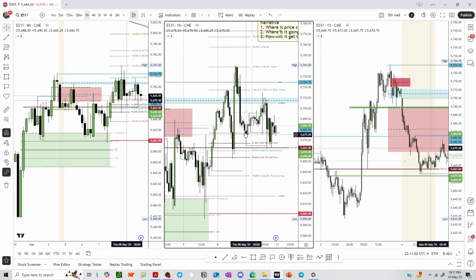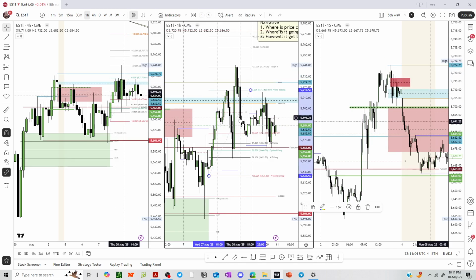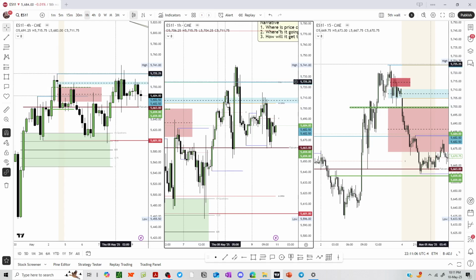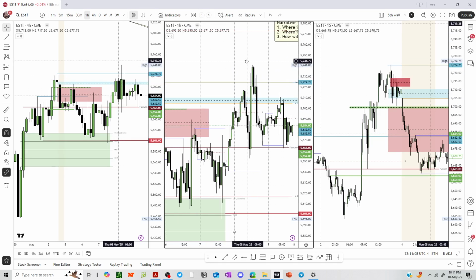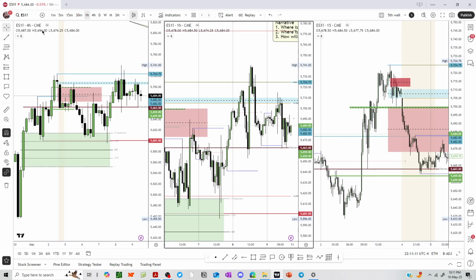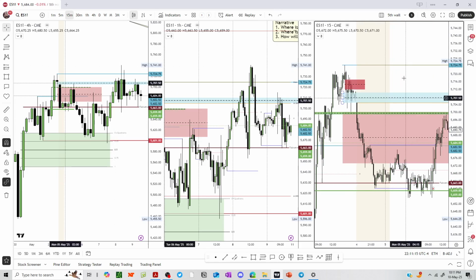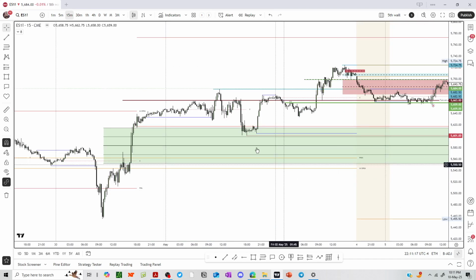And then you have a pullback again. So you have a few setups here. Few setups on different days, utilizing, and then this is just the 4-hour and the 1 hour. I didn't even get into the 15-minute, which is another favorite.